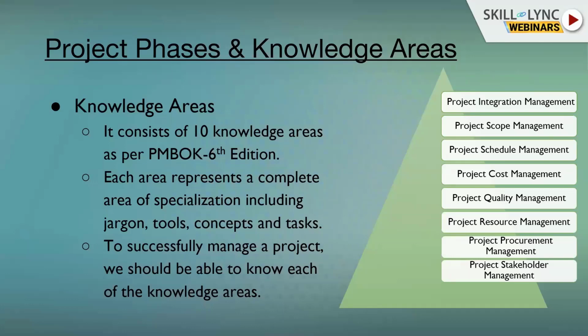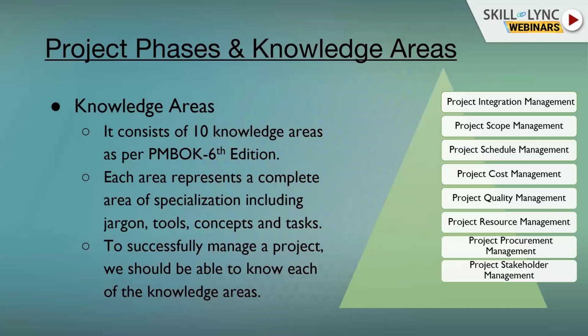Now, project quality management. Project quality management means we need to meet those standards. We need to ensure that every activity, every task and every delivered product is as per the standards. Project resource management means we are aligning and allocating resources who are skilled.